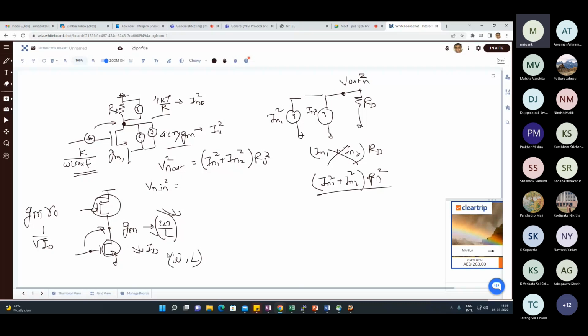And then, for maintaining that W by L ratio, you can still increase both W and L, so that the flicker noise is getting reduced, because flicker noise is dependent upon W into L, the total area. So this is giving you a good thermal noise. And for a given W by L ratio, if you just increase it, this gives you good flicker noise for the input device, right? This is for the input device.